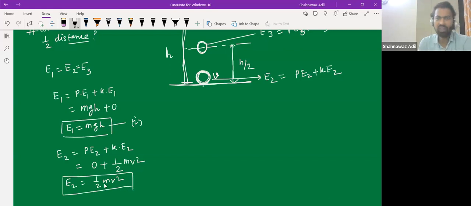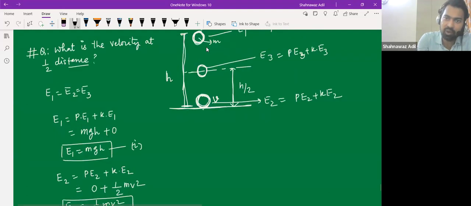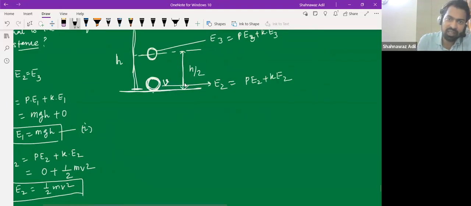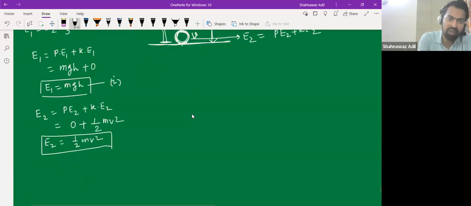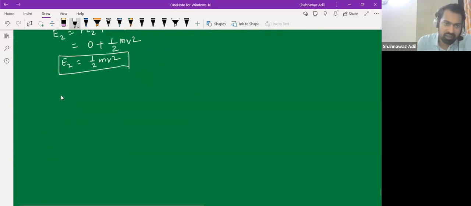Good. Now we have to find out what is the velocity at this point. Let's assume that the velocity at this point is v prime, and we have to find out what is v prime. So let's write the total energy at the third point, that is PE3 plus KE3.